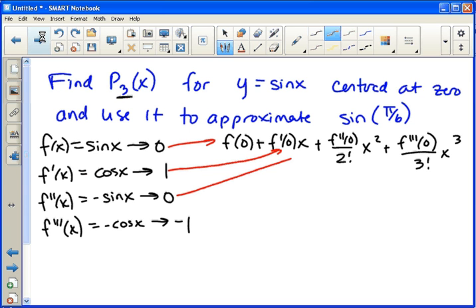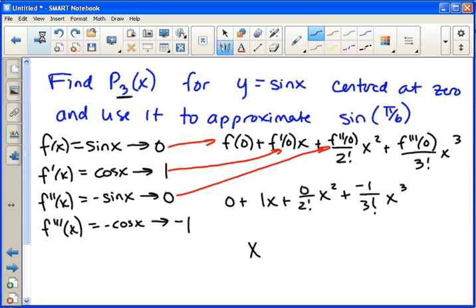So we'll end up with 0 plus 1x plus 0 over 2 factorial x squared plus negative 1 over 3 factorial x cubed. Now the zeros just go away, so you end up with x minus 1 over 3 factorial x cubed. And this is the third degree polynomial.